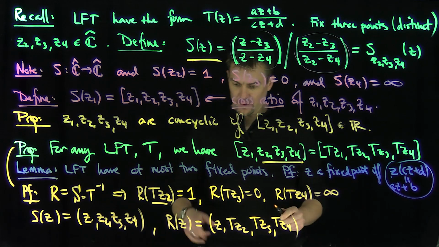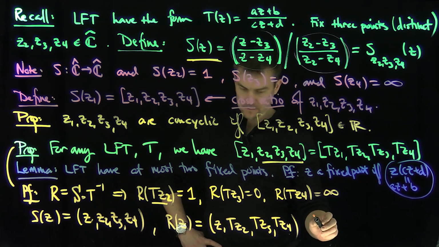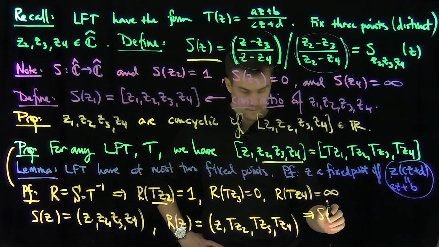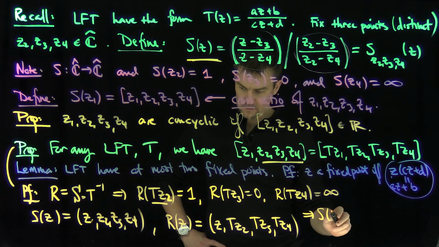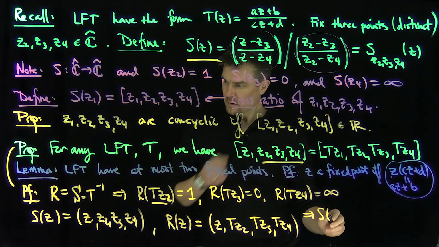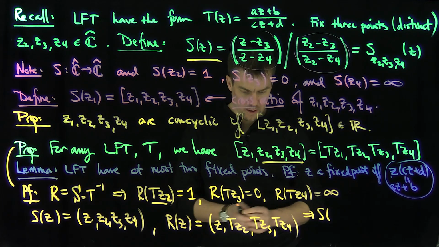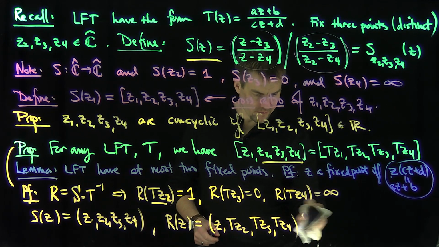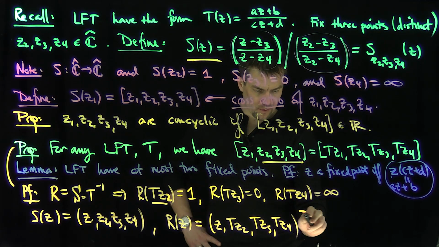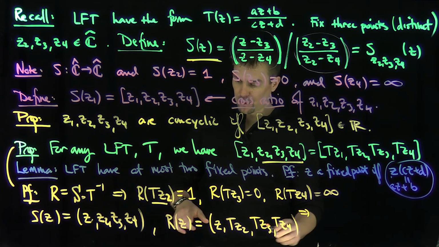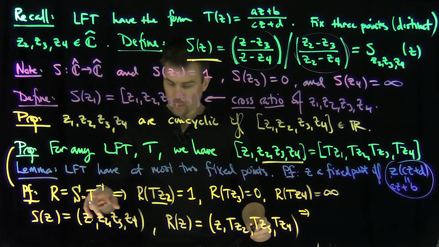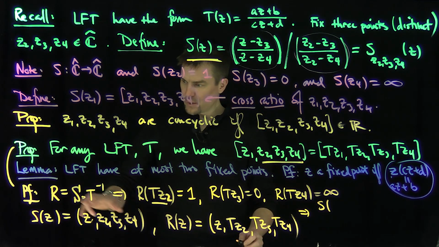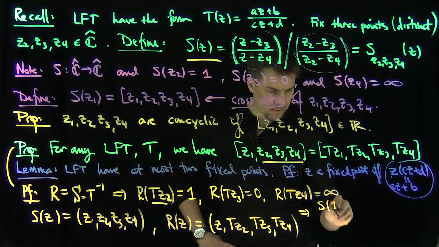So carefully, it should be clear from this formula, right? It implies that if I plug into R, if I plug in T of Z1, then R of T Z1 is the same as S of T Z1.